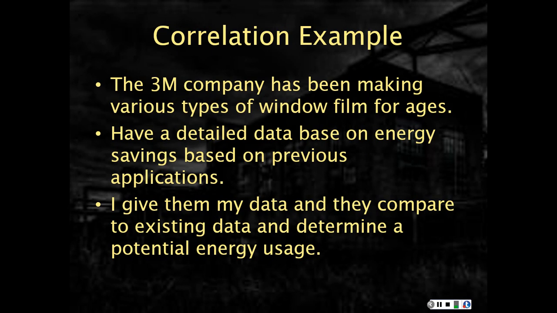I can call them and give them my data, and they can compare it to an existing data set for a similar building in a similar area, latitude, longitude, direction, and everything, and determine with some fair accuracy the potential for energy usage or savings. That's an example of correlation energy savings. I'm comparing one set of circumstances with a set of circumstances that I have.